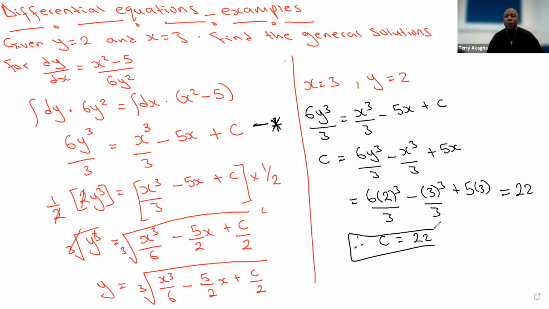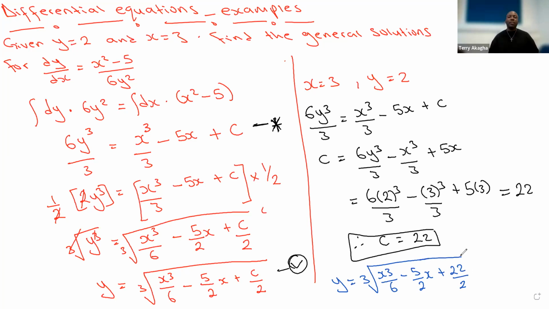Now that we know c to be equal to 22, step 5, we have to go back and replace it into this equation here. So we'll now do that. So it will now become y will be equal to the cube root of x cubed over 6 minus 5 over 2x plus 22 over 2. And this will be the answer.